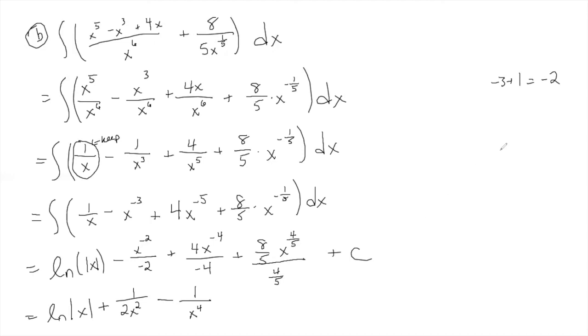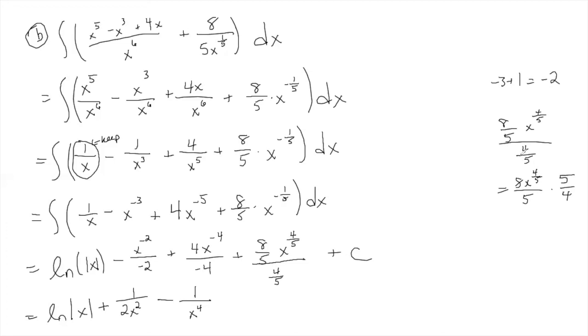Now to see this simplify, let's do it over here. I got 8/5 x to the 4/5 over 4/5. So remember, this is the same thing as, let's say I write the x to the 4/5 up here with the 8, doesn't matter, times now 5/4, right?